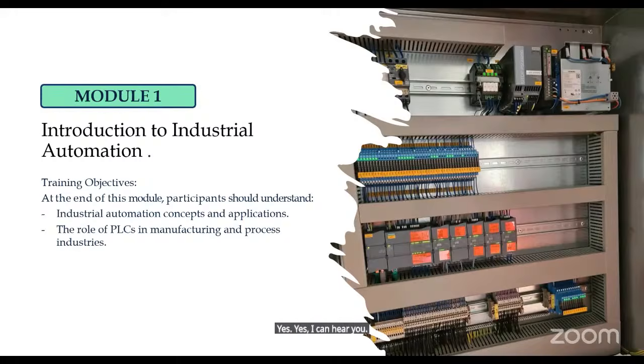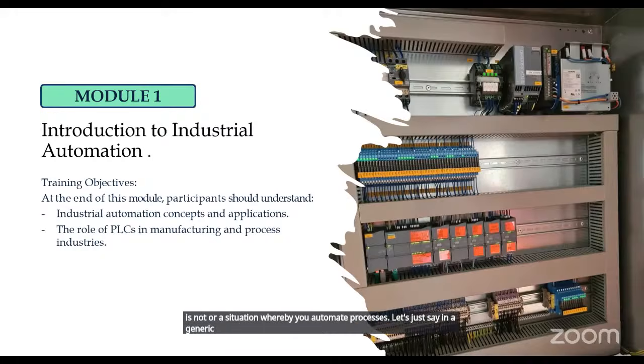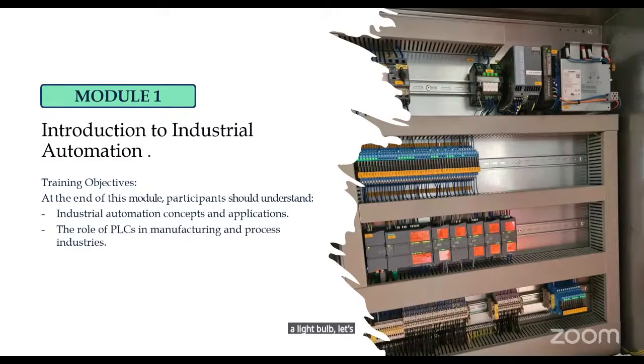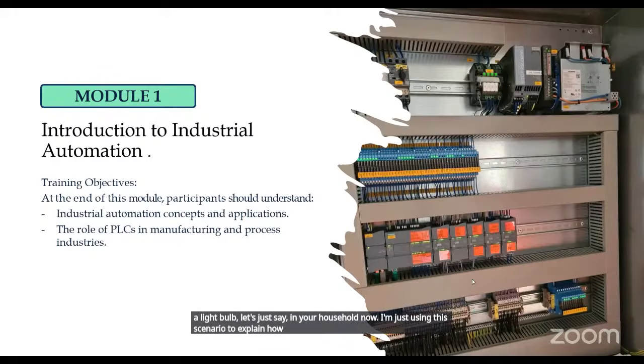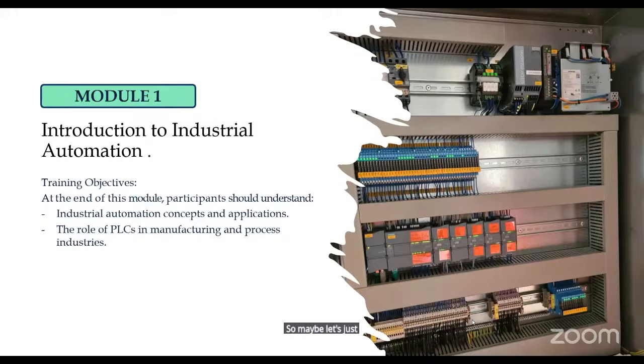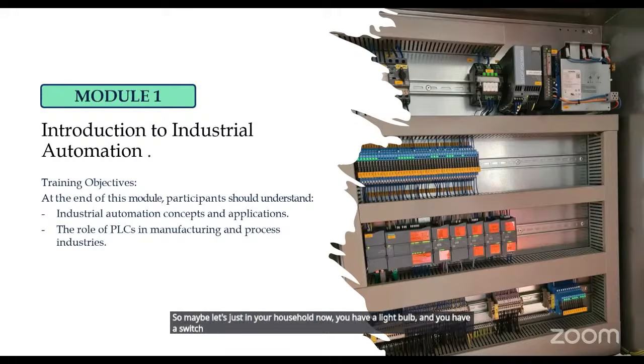All right. So industrial automation, as we say, is an act or a situation whereby you automate processes. Let's say in a generic setting where you're supposed to control a light bulb in your household. You have a light bulb and a switch. That's an open loop control.